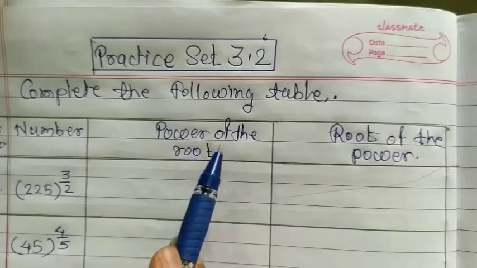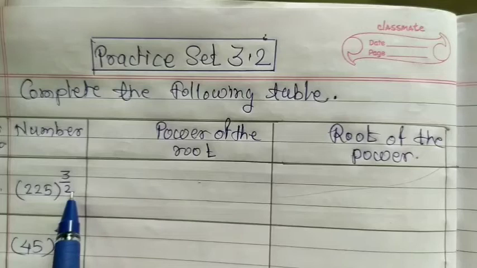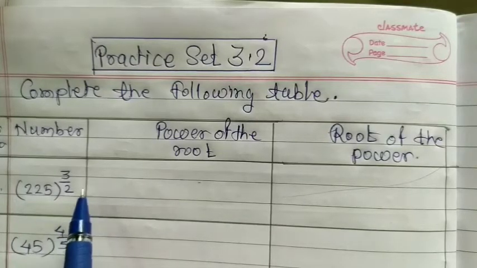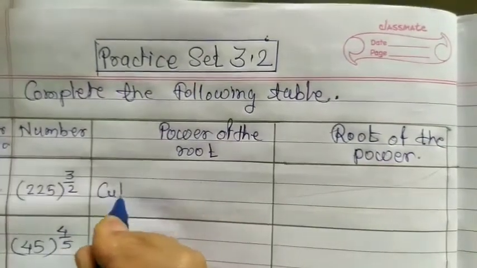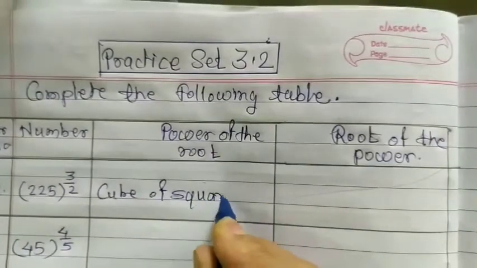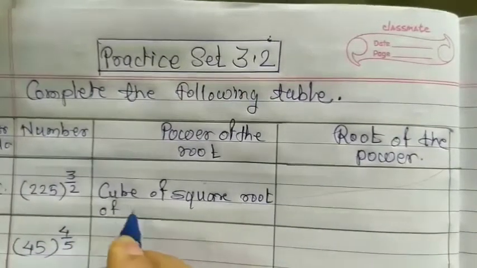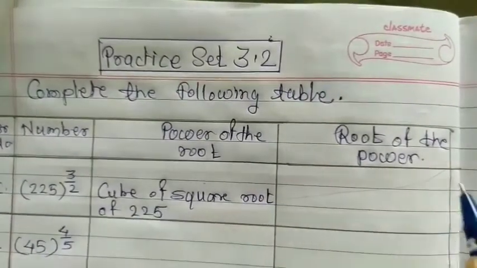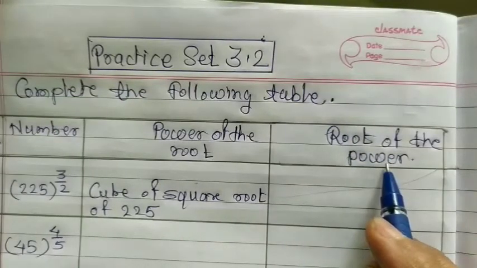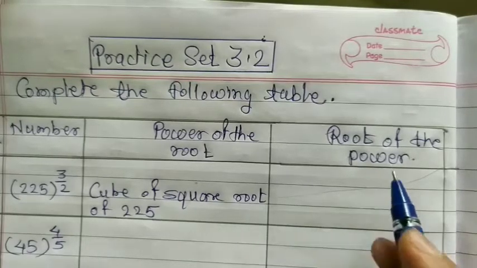Power of the root: cube of square root of 225. Root of the power: square root of cube of 225.